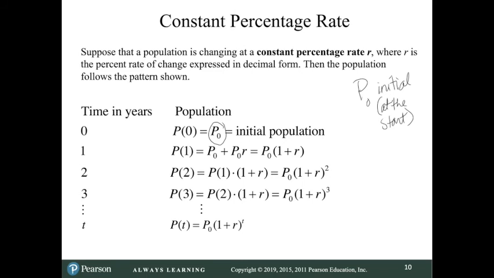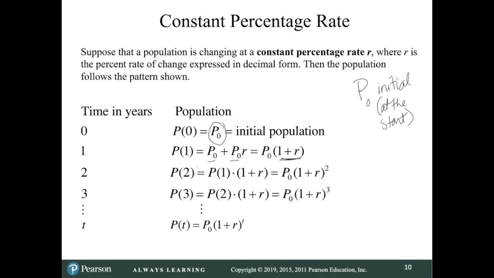Then our first iteration, let's say it's the next day or the next week or the next month, but one iteration of time later, our population after time 1 is going to be the initial population plus whatever the growth was. Okay, if we factor out P naught, or P sub 0, notice that this leaves us with 1 plus r. That's going to be important.